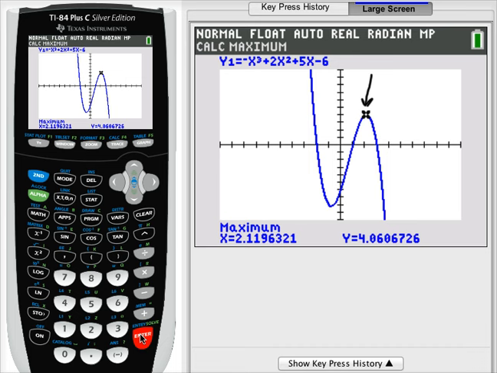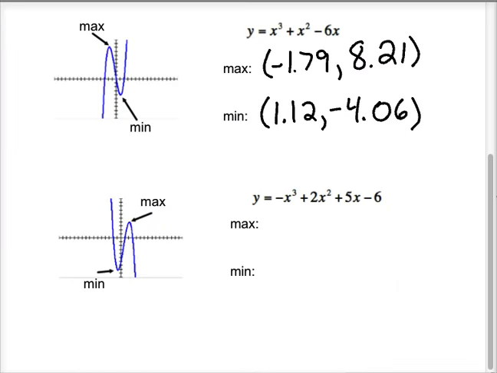So I see I have a maximum at 2.12 for the x, and the y is 4.06. Okay, so the max is at 2.12, 4.06.